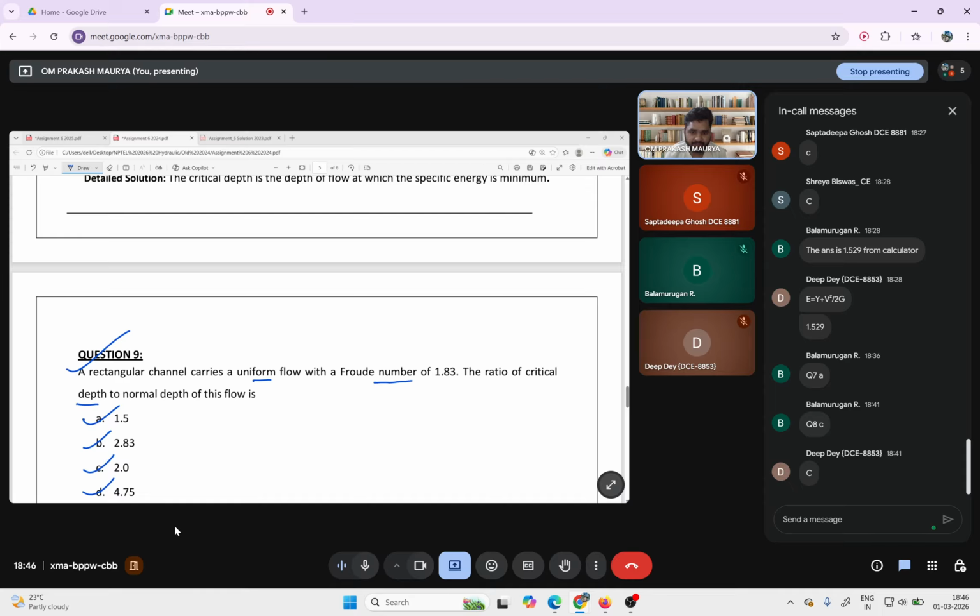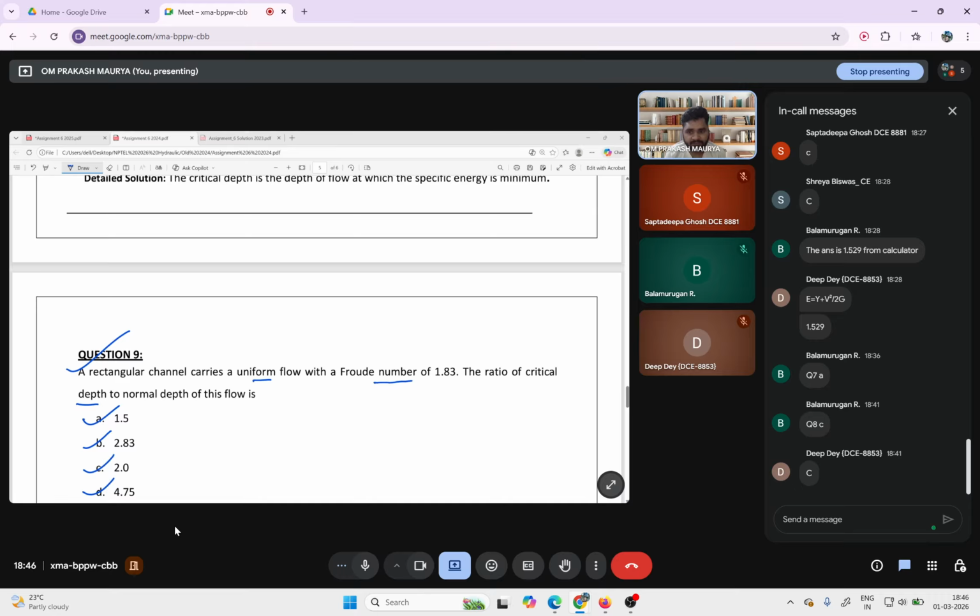Another Fr is hidden: at critical depth the Froude number is 1. So you have two conditions, Fr equal to 1.83 and Fr equal to 1, everything else the same.